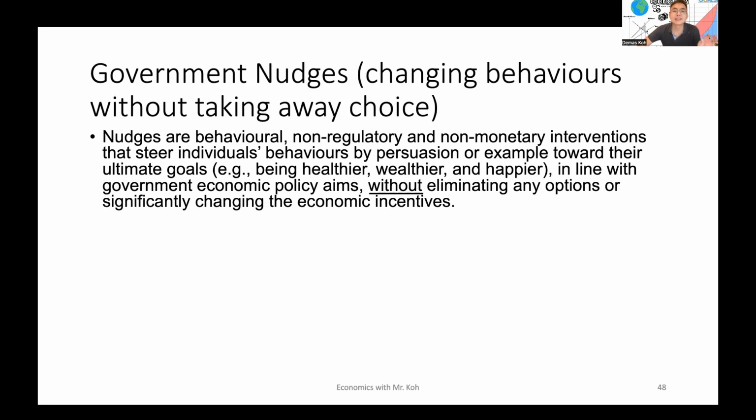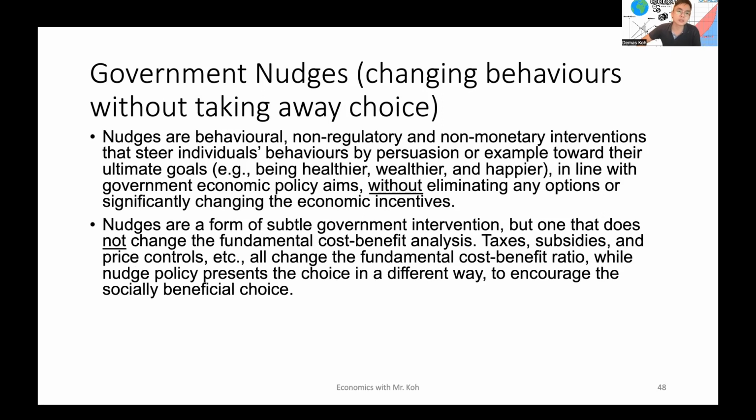So essentially, nudges are behavioral, non-regulatory, and non-monetary interventions that steer individuals' behaviors by persuasion or example, right, towards their ultimate goals in line with government economic policy aims. Now, importantly, it's without eliminating any options or significantly changing the economic incentives.